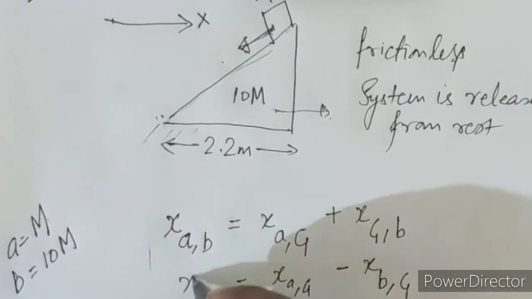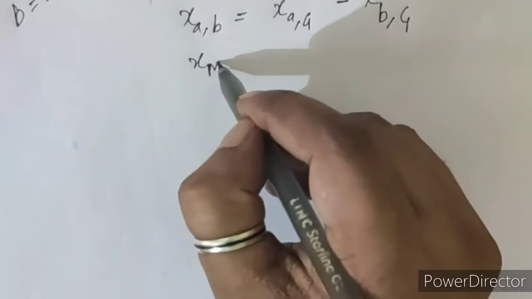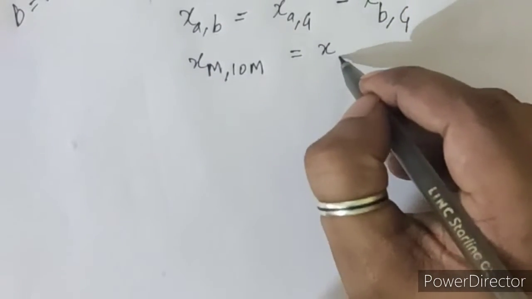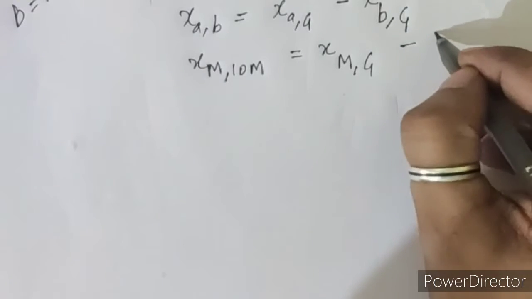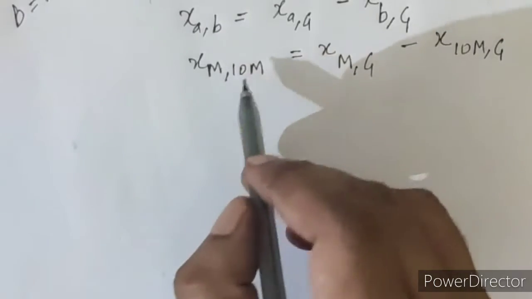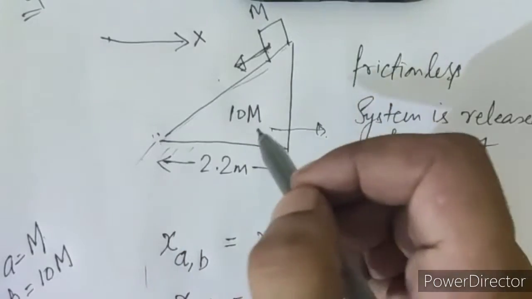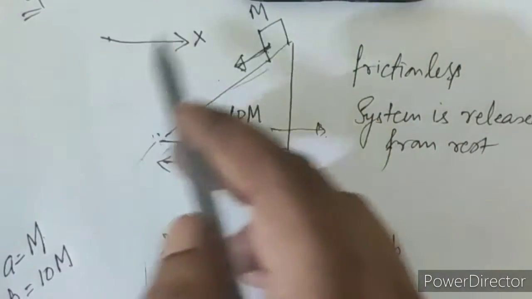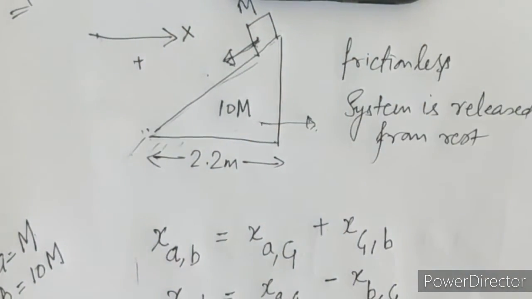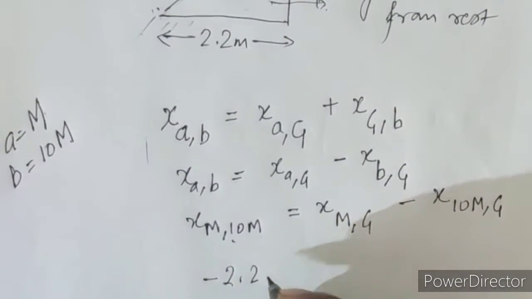So we can write the position of m with respect to 10m is equal to the position of m with respect to ground minus the position of 10m with respect to ground. The position of m with respect to 10m after it has moved down will be negative 2.2 meter, because it is moving left and the positive x direction is along this direction. So along the x direction it will move minus 2.2 meter.